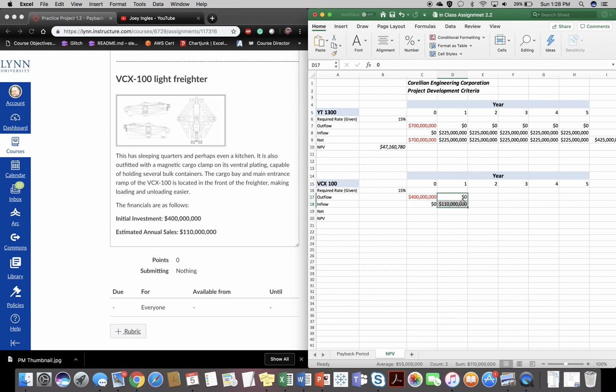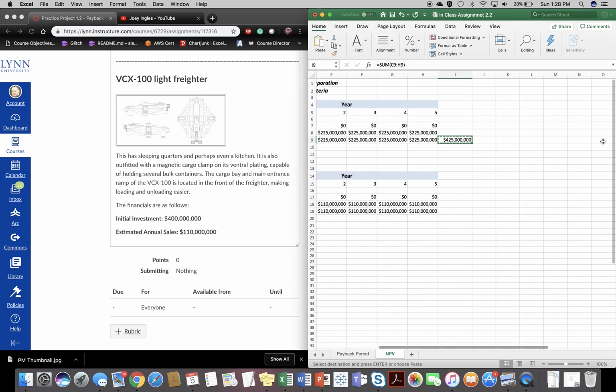And again, we can highlight these numbers all the way across to autofill. For the net, it's going to be minus 400 plus 0. So today we're spending 400 million, but in the future we're going to have a net that is here. And I can copy and paste my formula down to determine that that stream of payments is $150 million.